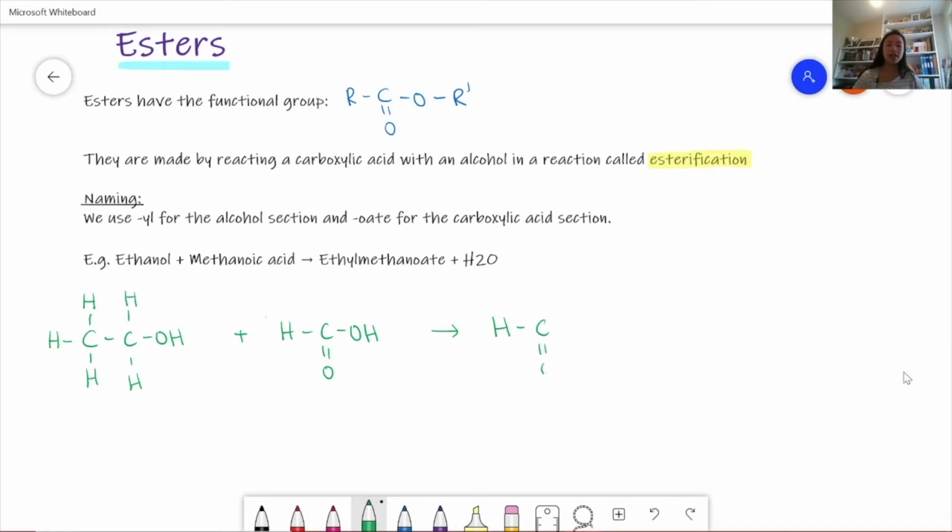So I write this bit and then I stop when I get to this oxygen.